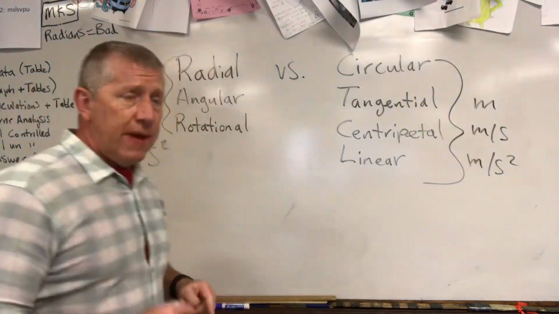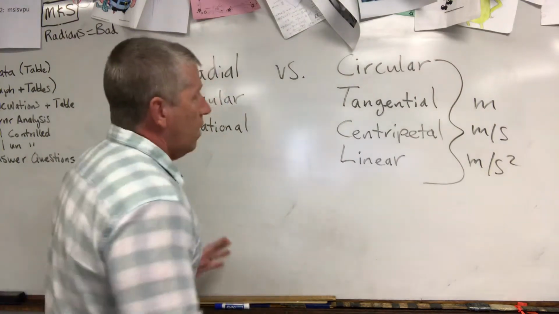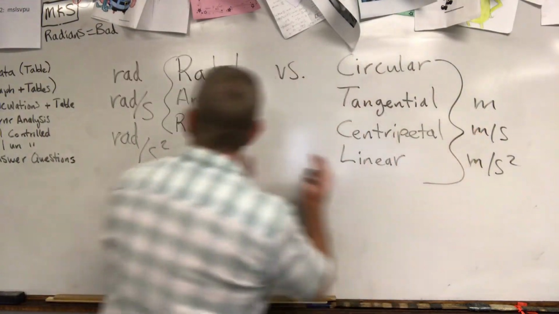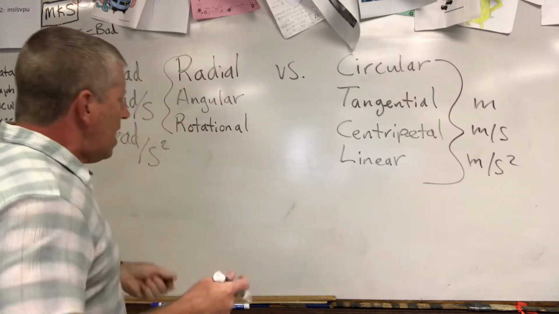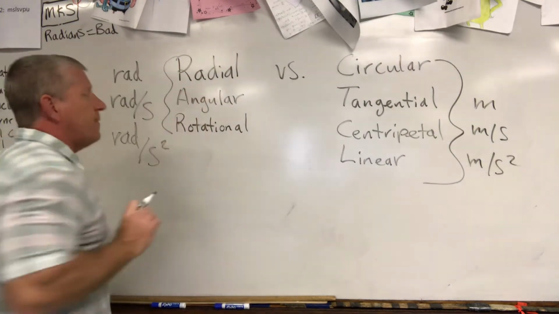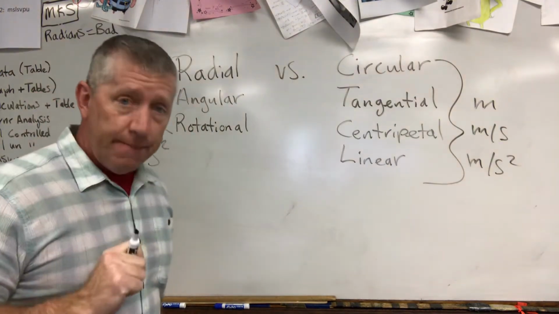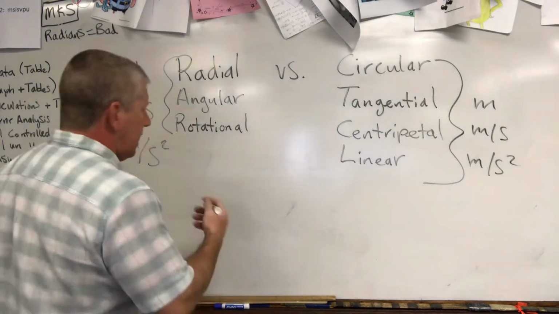One other thing that's really important. Sometimes you want to switch from one to the other. Let's say we calculated an angular velocity of something which is moving around something, and it ends up going at a velocity.